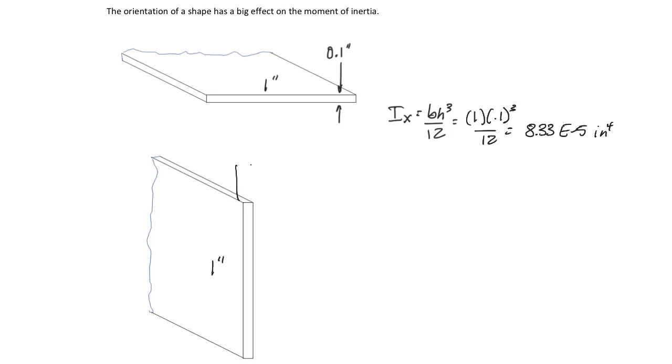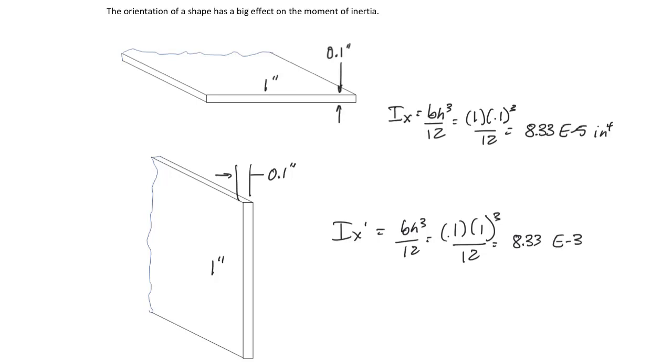So in this orientation, the height is 1 inch, and the base here will be 1/10 of an inch. So let's find out the moment of inertia of this one. Again, bh cubed over 12. The base here is 1/10, and the height is 1 cubed over 12, and here I get 8.33 e to the minus 3rd inches to the 4th.